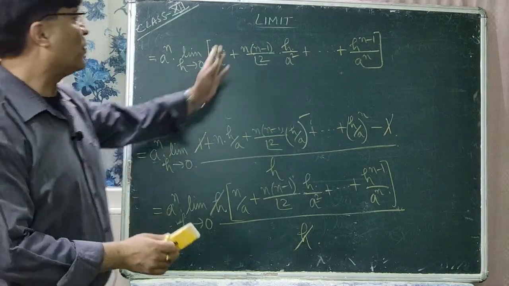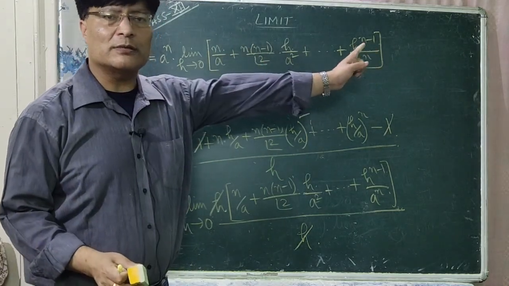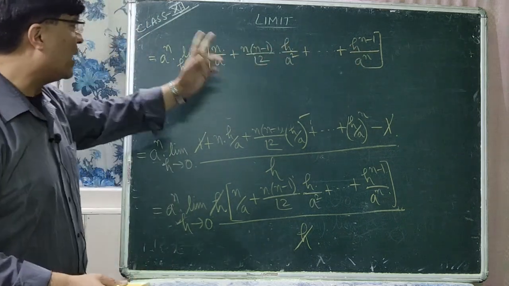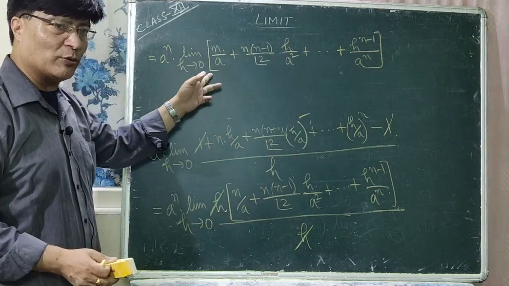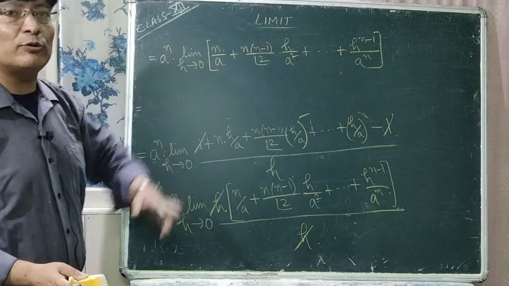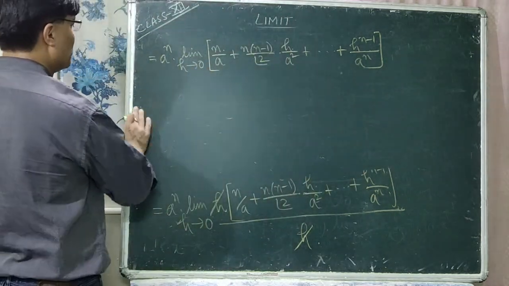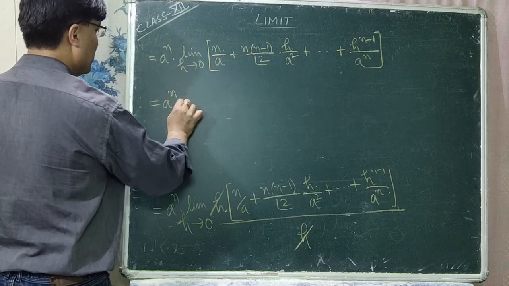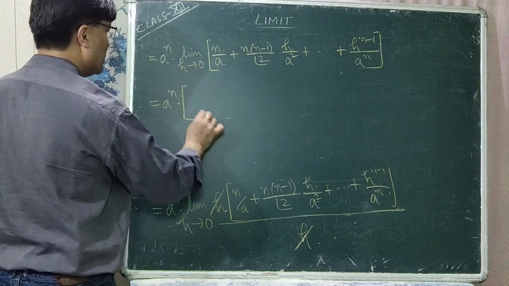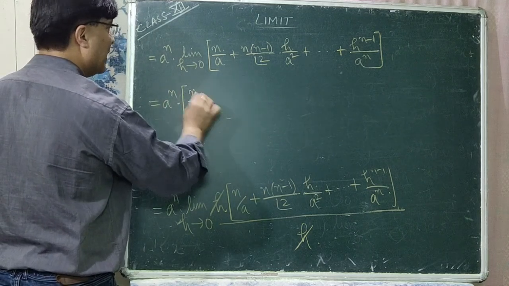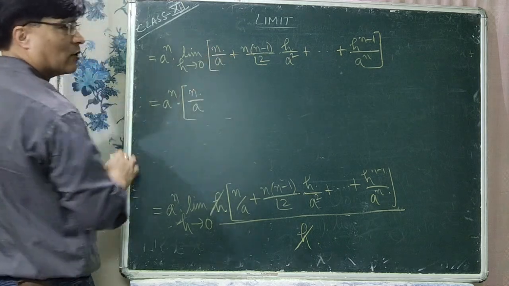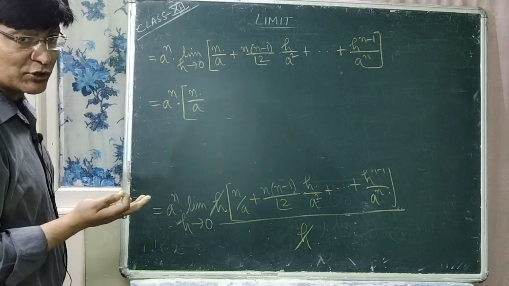Okay. Now from the second term, all the terms contain h. So we can put the limiting value of h, that is 0. So instead of h, we can put 0 out there, right? So instead of h, you put 0, a to the power n into, now within third bracket, this will be n by a. So n by a is a constant because it is free from h.